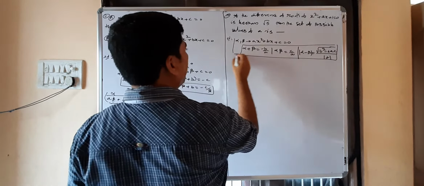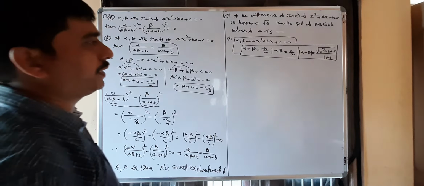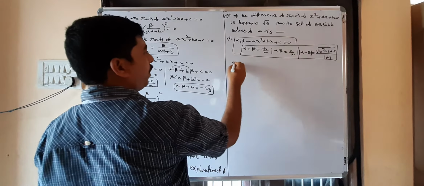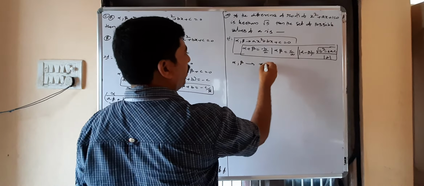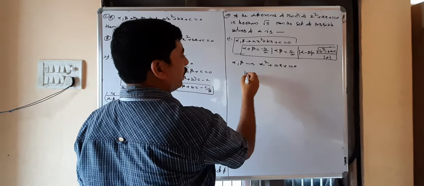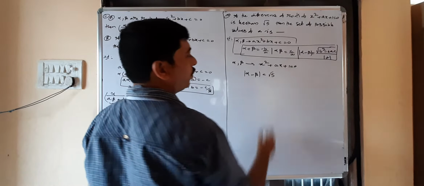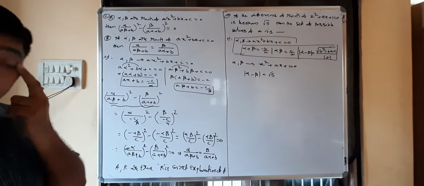Same as in this equation, the difference of the roots less than root 5 is given. I will take alpha, beta as the roots of x square plus ax plus 1 equal to 0. Difference of the roots means mod of alpha minus beta less than root 5.